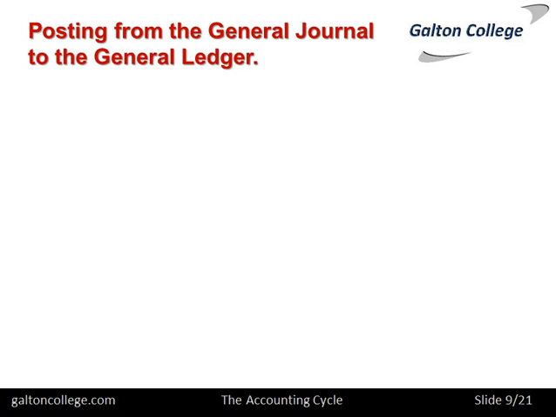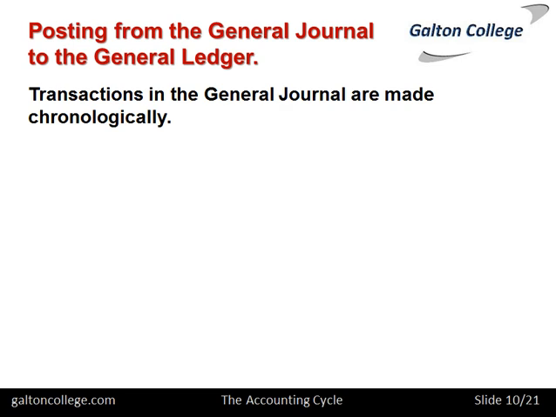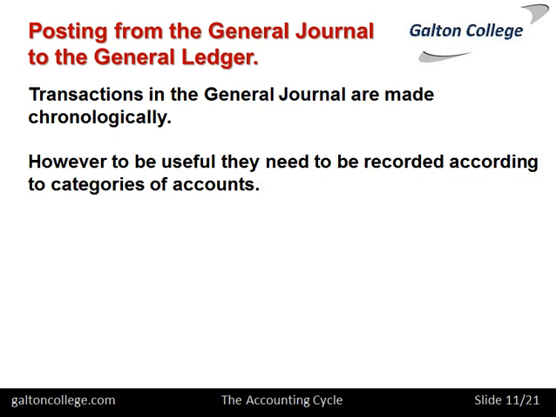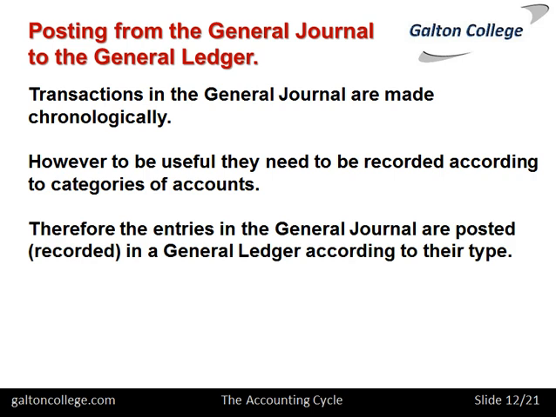Now, postings from the general journal to the general ledger. Transactions in the general journal are made chronologically. We've already said that. However, it may be useful to record the various bits of information according to their categories of accounts. So the entries in the general journal are posted.